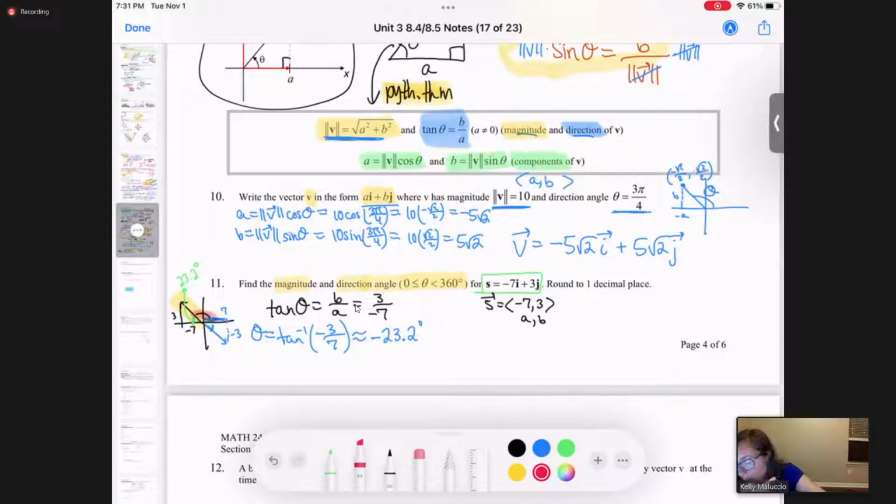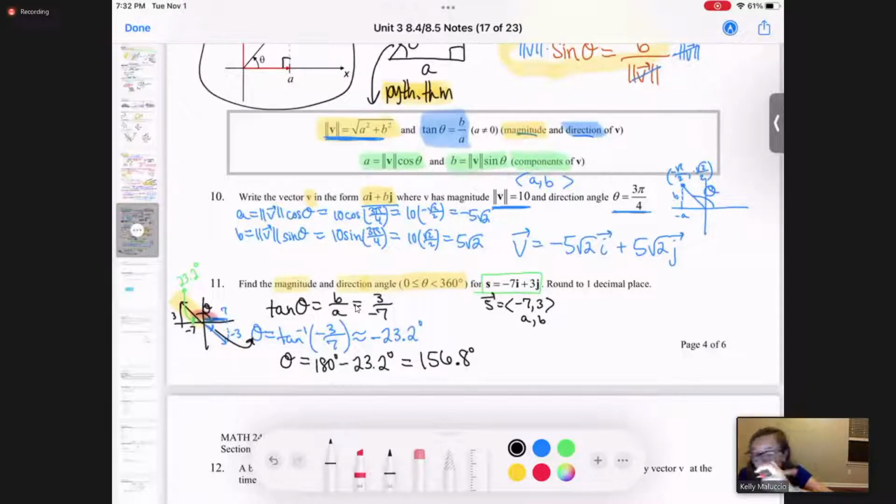So the theta we want is 180 degrees minus 23.2 degrees, which gives us 156.8 degrees. And so this is the theta that we wanted to find, the direction angle.